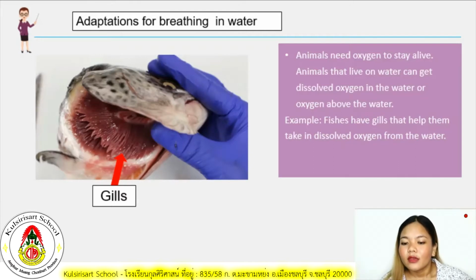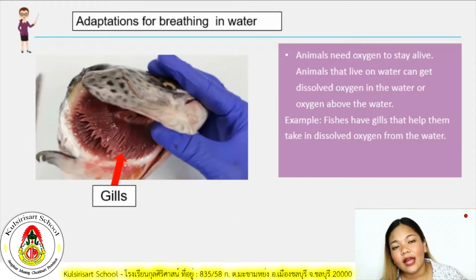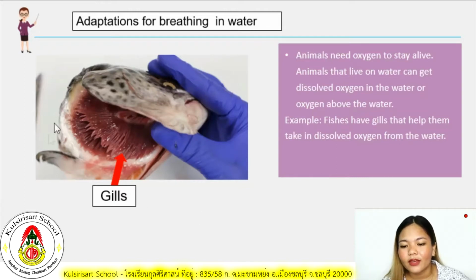How? A fish has a gill, okay, so the gill is the organ which actually helps the fish breathe underwater. Okay, so we have here the picture of a fish showing its gills. Gills are like a fan-shaped organ on the head of a fish which help it take in dissolved oxygen in water.